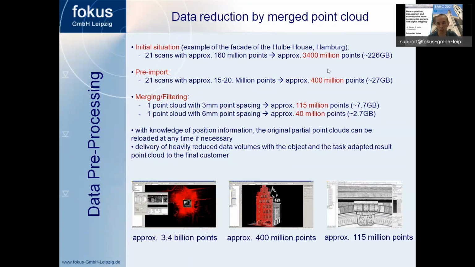After the pre-import, there are only 400 million points, and after merging with a point spacing of 3 millimeters, you will get a point cloud of 115 million points, or if you reduce to 6 millimeter, you have a point cloud with 40 million points, and these are point cloud sizes which are possible to work with.